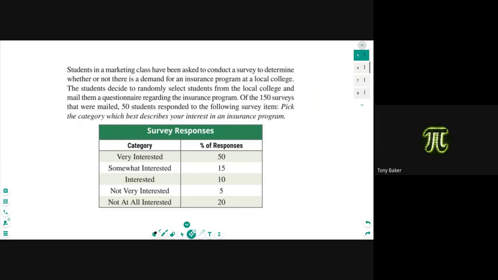I think I've asked this question before, but how many of you, if you got a phone call from a number you didn't know, would answer the phone to begin with? How many of you get mail at your house? How many of you basically look through for anything important and throw all the rest away? So if you got this survey, what would happen?